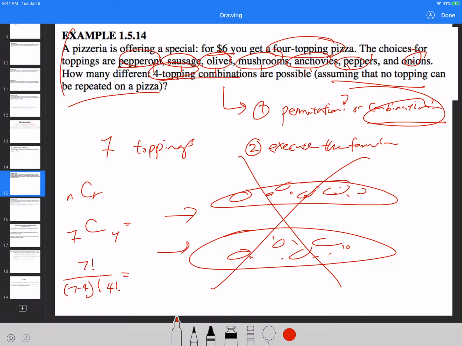So if I do the formula, I should get 35 different ways in which this could be possible. Or if I do 7 factorial over 3 factorial times 4 factorial, that would mean I have to do 7 times 6 times 5 divided by 6, which should also give you 35 different ways to do so. So this would be an example of a combination problem.